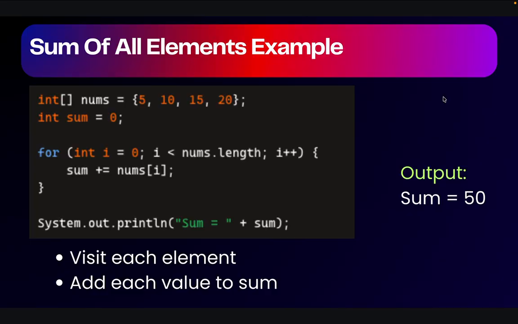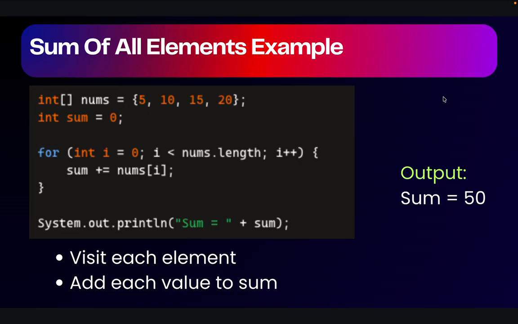For example, you can use it to do calculations. Remember that this for loop is going to go through each element in the array and it's going to do whatever you say with that element inside of the for loop body. In this case, we're saying that we want to find the sum of the elements in the array.